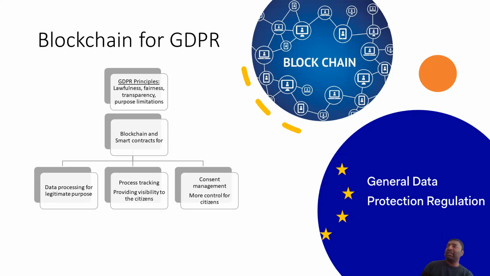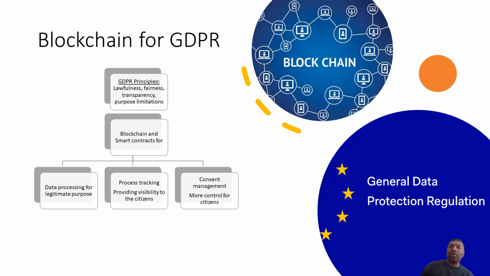If you think about blockchain and smart contracts, you can use them to make sure that data processing is done for legitimate purpose. Blockchain can be used for process tracking. You can provide visibility to the citizens on how the data has been used. This complete process tracking is possible through the use of blockchain and smart contracts.